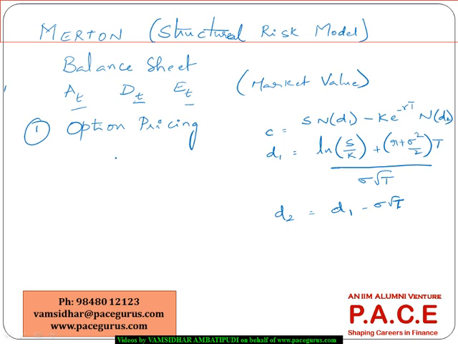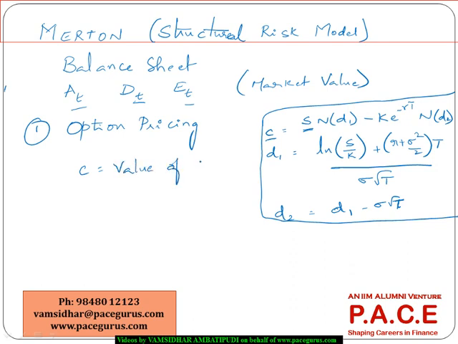So even this Merton model to compute the credit risk was using this similar concept. So here we have to try mapping this S and all that stuff. Now what they have said is this C is nothing but the value of equity.